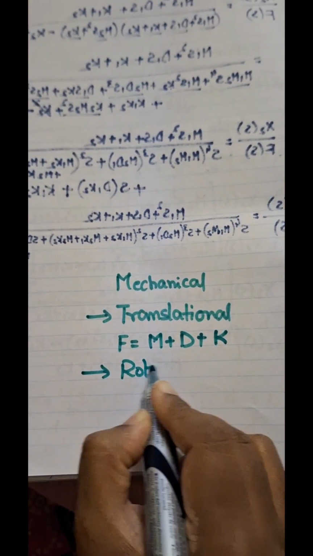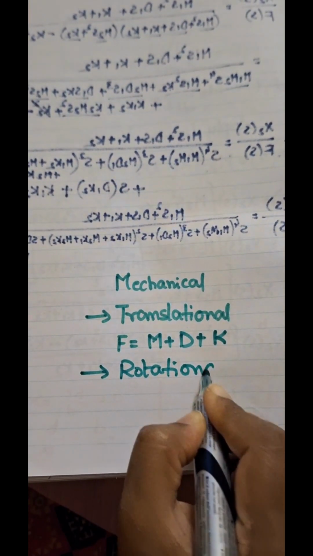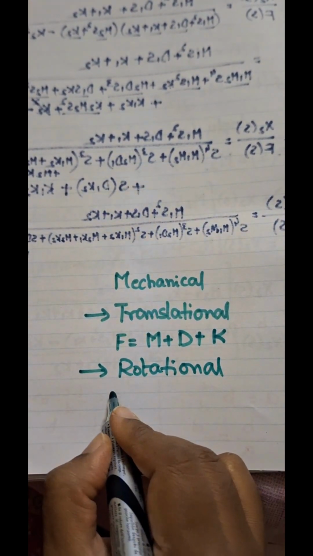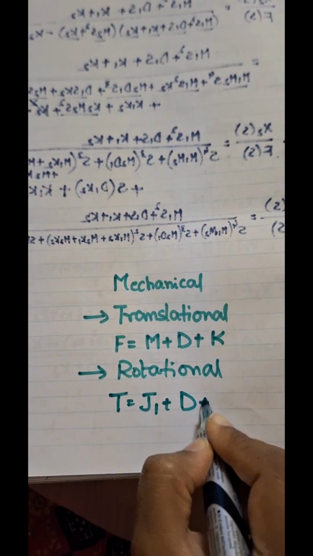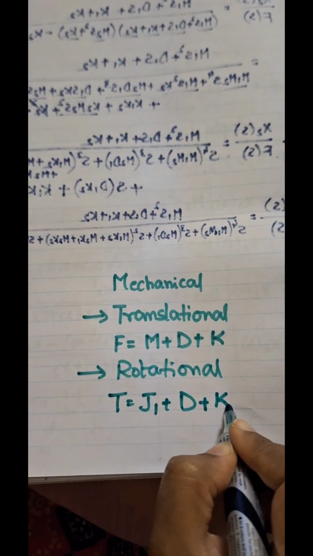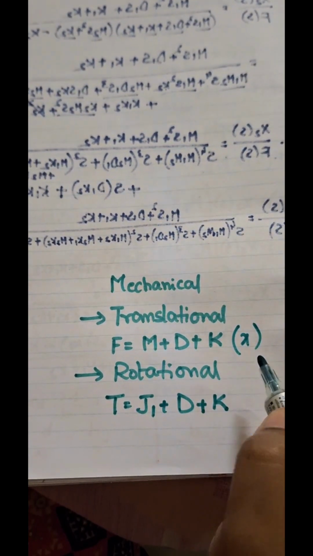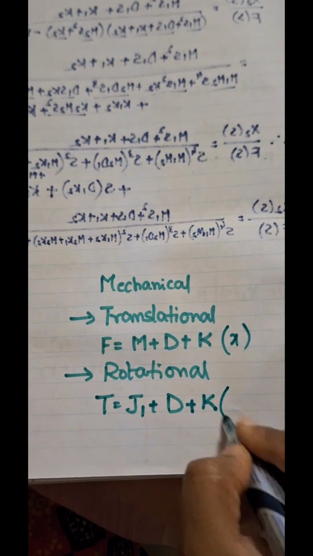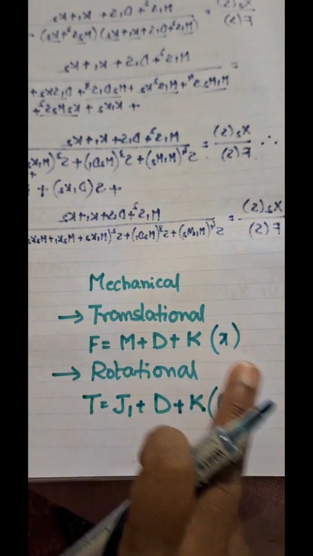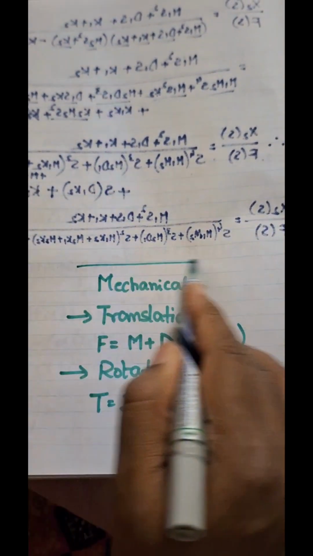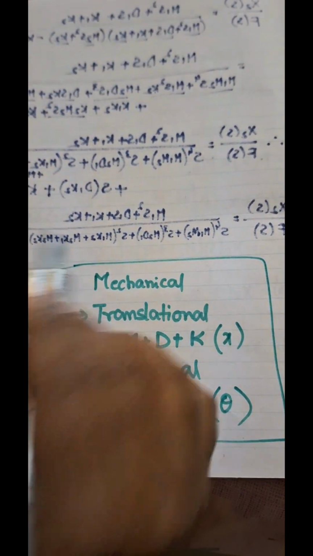If you talk about rotational, you give torque, the body will move, the damper will move, and the spring will move. Here displacement is x, meaning you moved from one place to another place. Here the angle is angular displacement, theta, meaning you moved through an angle.